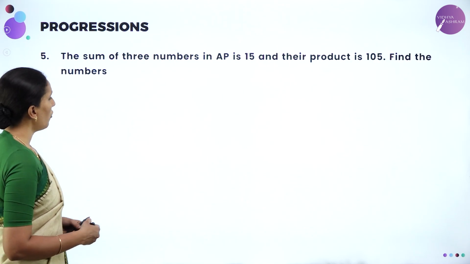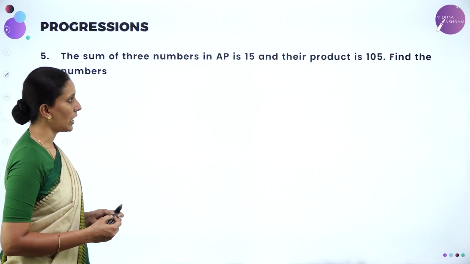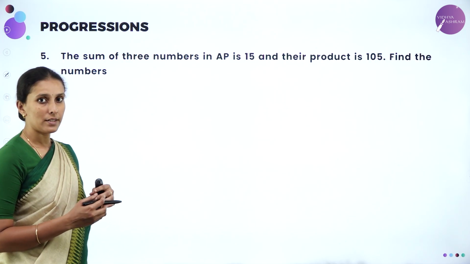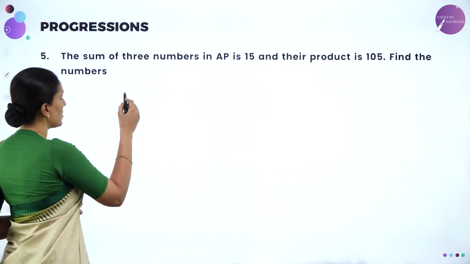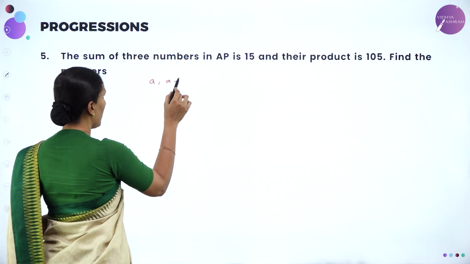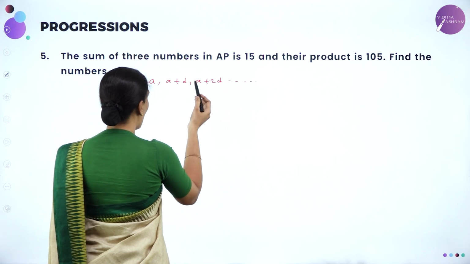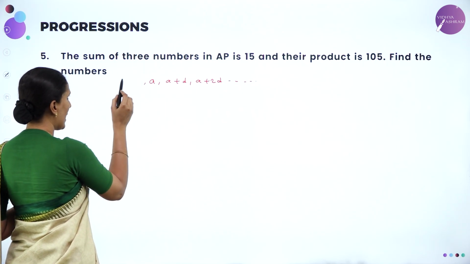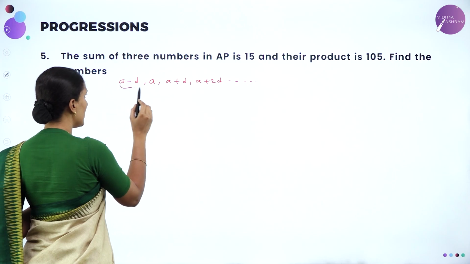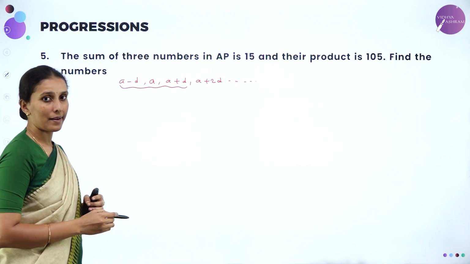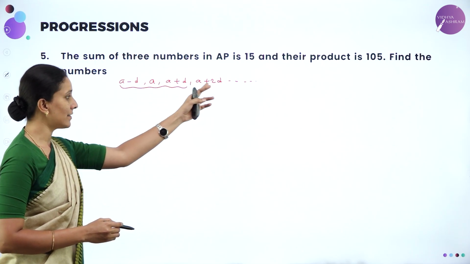Next, the sum of three numbers in an AP is 15 and their product is 105. Find the numbers. Now since the arithmetic progression is given in the form a plus d, a plus 2d, etc., I'll take the previous term of a as a minus d and consider these three numbers as the first three numbers, because for the calculation it will be simpler.